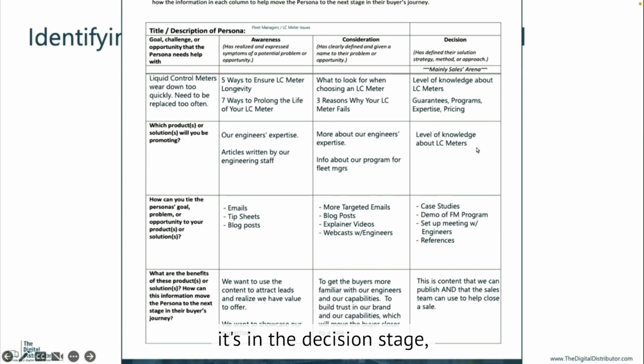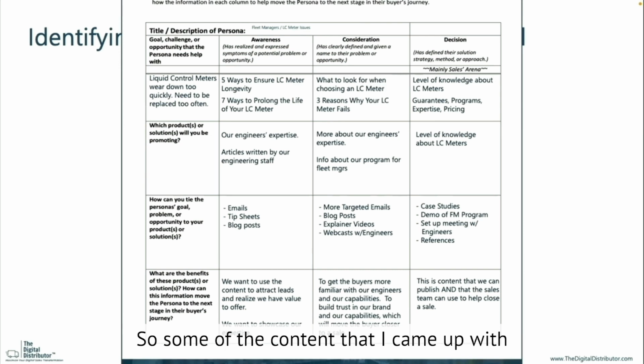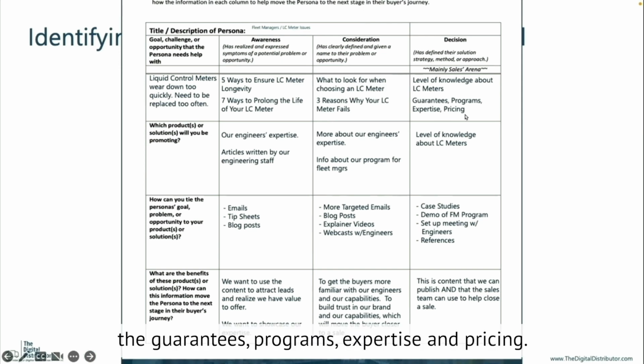All right, and then when it's in the decision stage, this is where it gets passed on to sales. This is mainly sales' arena, but we still have to produce content around it. So some of the content that I came up with was the level of knowledge that we have about the LC meters, the guarantees, programs, expertise, and pricing.